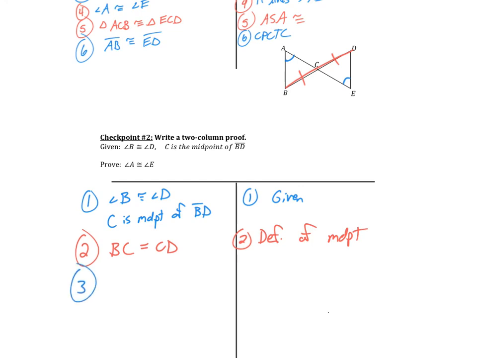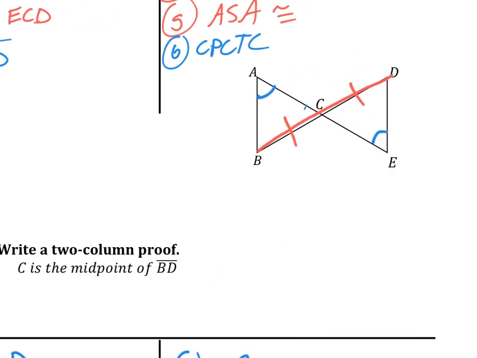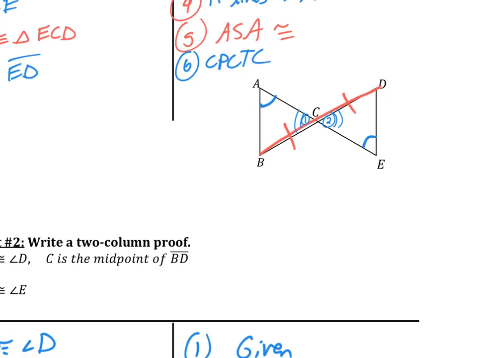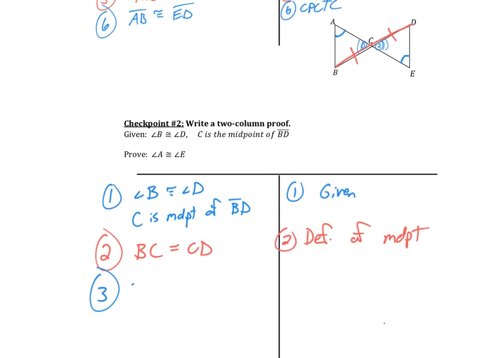Step 3, in the same picture, we also have vertical angles. So I'm going to call this angle 1 and angle 2. So down here, I'm going to say angle 1 is congruent to angle 2. And my reason is vertical angles are congruent.